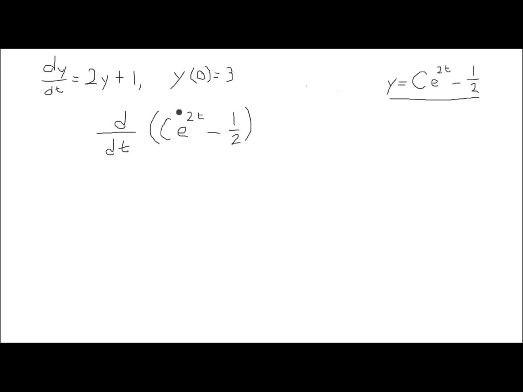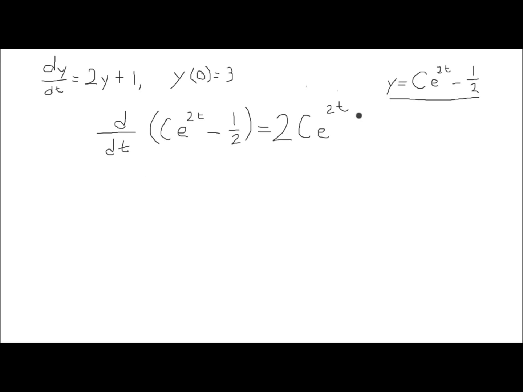With the chain rule, we can say that the derivative is c e 2t times the derivative of 2t. So that would equal 2. So we have 2c e to the power of 2t, and the derivative of negative 1/2 is 0. So that's our derivative for the function.